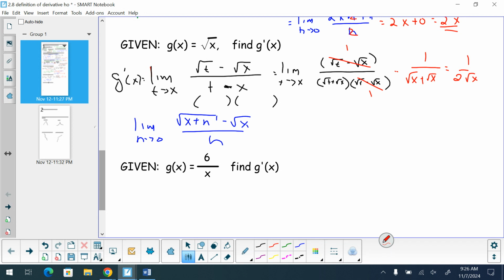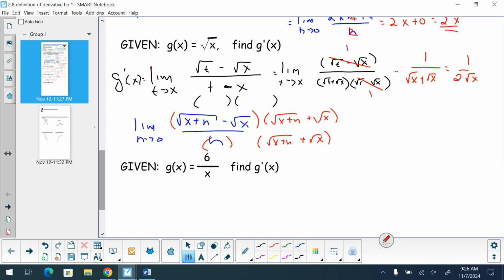Then you would have to multiply once again by your conjugate. Once again, I like to factor. I don't like to multiply by conjugates as much.